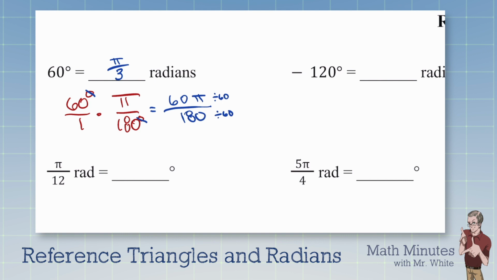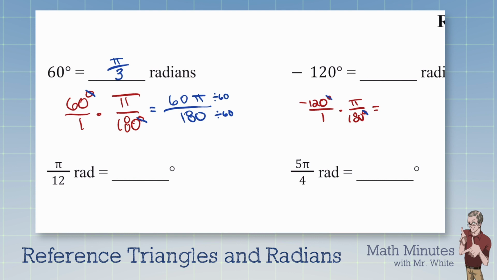Negative 120 degrees, we're going to convert to radians. So you write down a negative 120 degrees. I like to put it over 1 so that I can see my units canceling very clearly. I'm going to multiply by pi over 180 degrees. You see the degrees cancel, leaving us with radians.